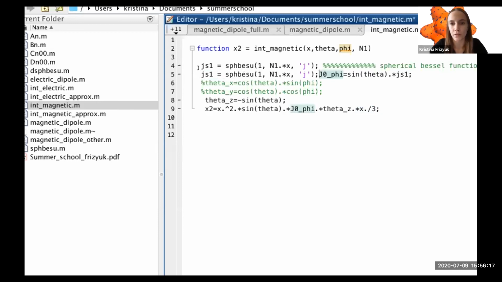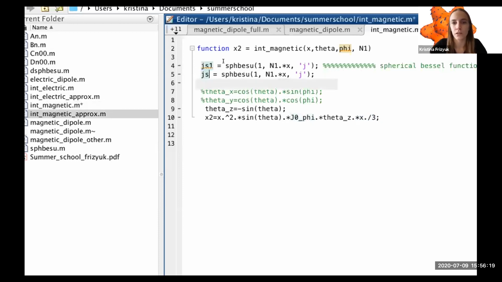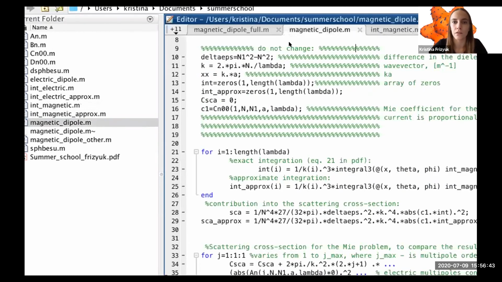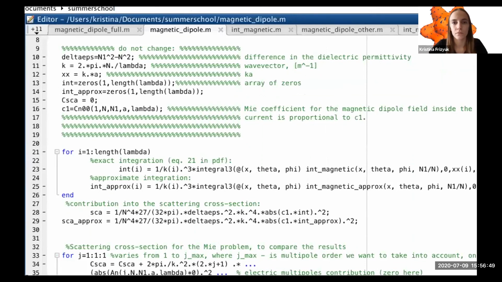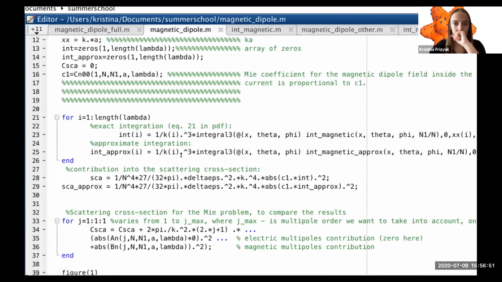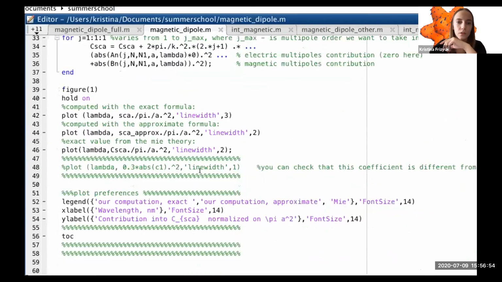So we introduce the Bessel function. Let us call it like this. But here it should depend only on x without refractive index. And here, let us just multiply by this Bessel function and run the magnetic dipole function again. And it should be computed in half a minute.